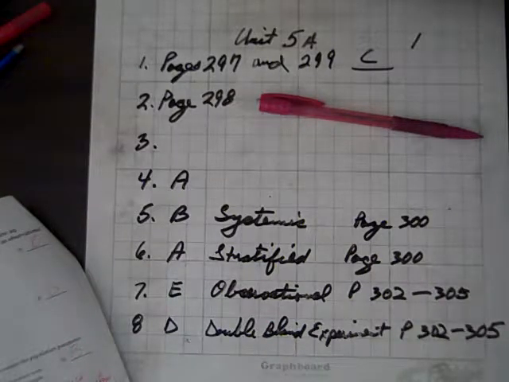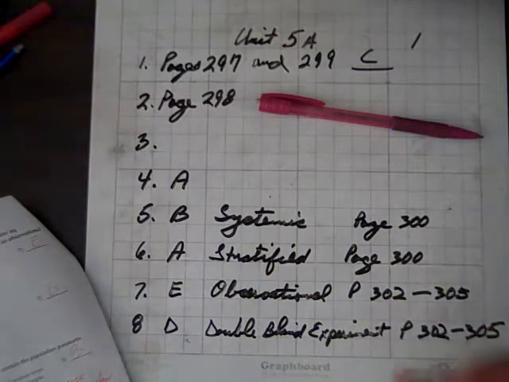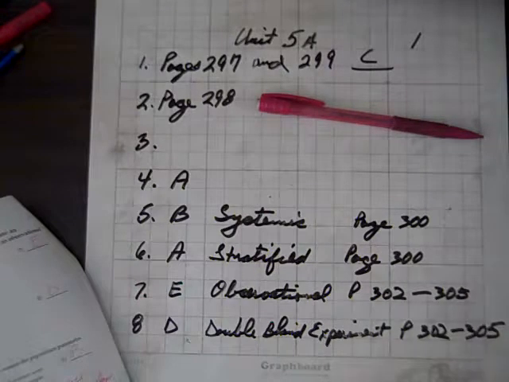And for number 7, it's an observation. What percentage of the population reads a newspaper on a regular basis? Well, you would determine that using an observational study. And does the new medication relieve depression? Well, the best way to determine that is a double-blind experiment. Double-blind means neither the person giving out the medication nor the person receiving knows whether they're giving or getting a placebo or the real thing.